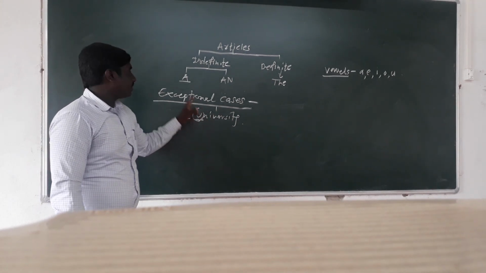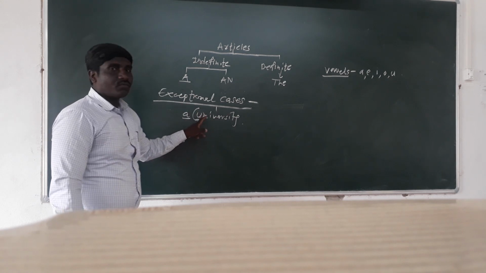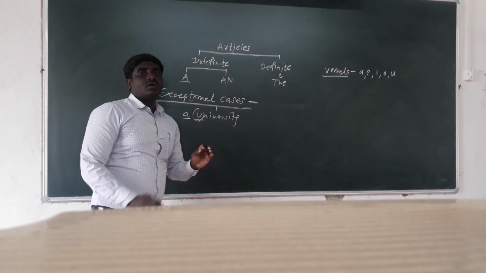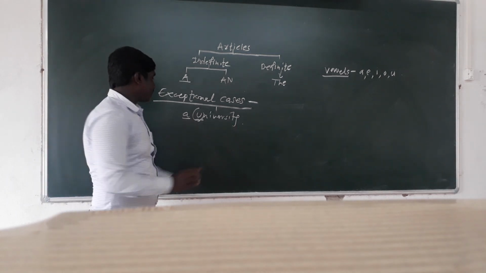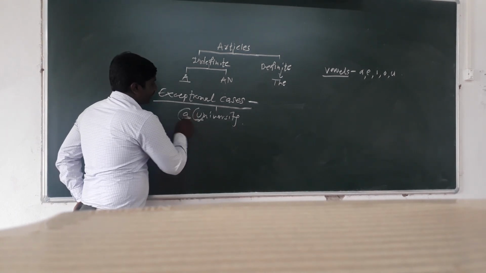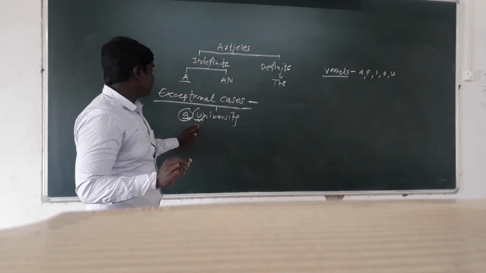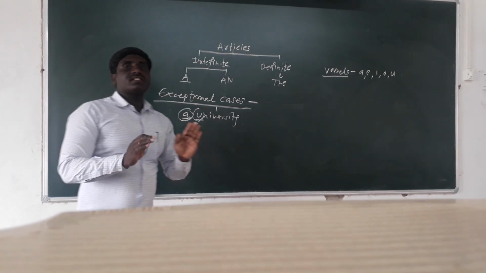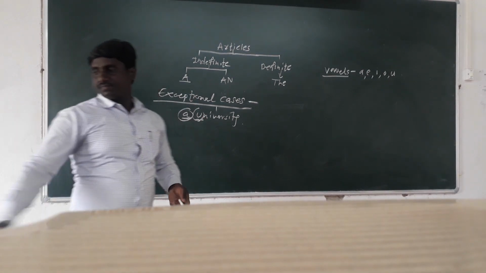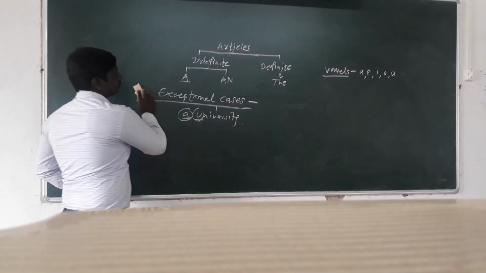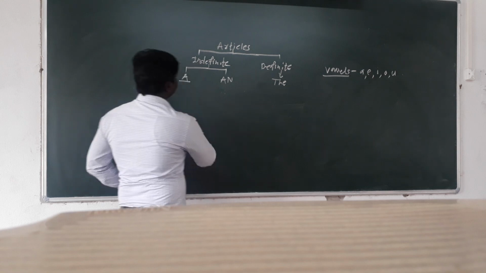But exceptionally, while pronouncing the U, we pronounce it like Y, university. So that's why "a" is the perfect article in this case. It is not "an university", "a university" is correct. So these are the exceptional cases.